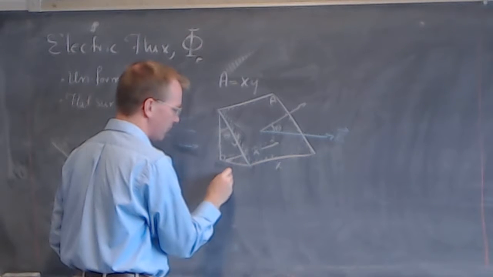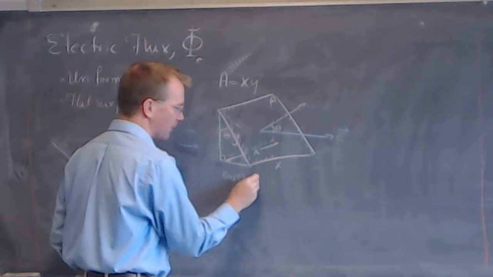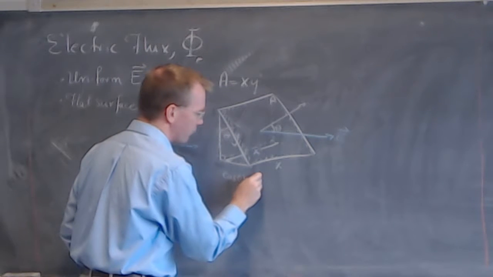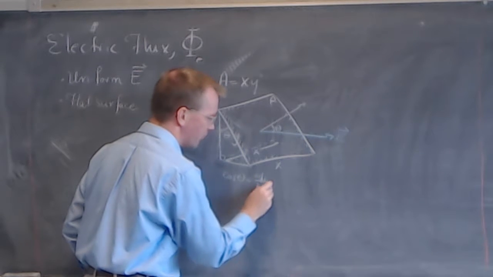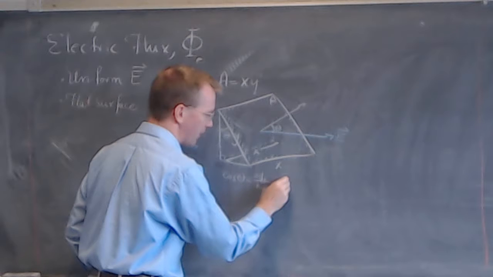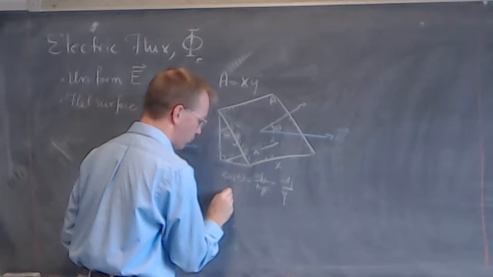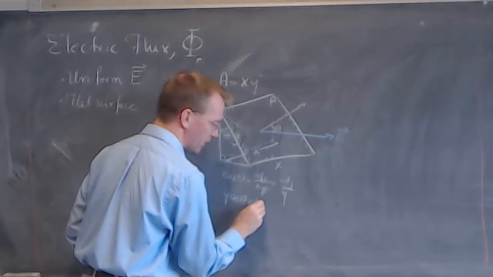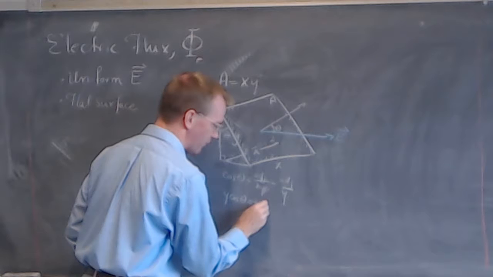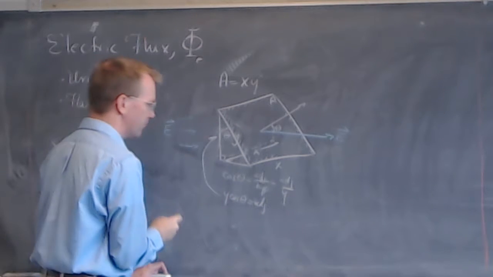And that's because the cosine of theta is equal to the adjacent over the hypotenuse. So that is the adjacent side over y. So y cosine theta is equal to the adjacent side, which is that side there.